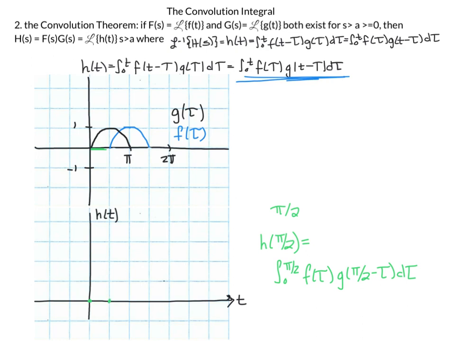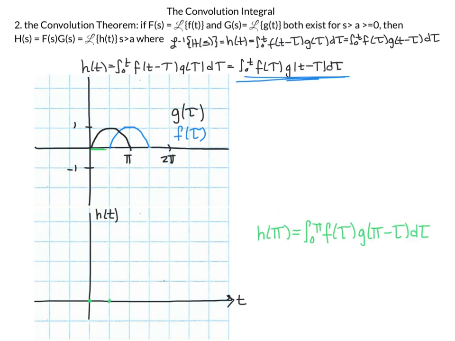So actually, pi over 2 is just fine. I'm still at 0. For my next point, I want to look at pi, so h of pi, integral 0 to pi, f of tau, g of pi minus tau. And the next thing I'm going to do is shift my function g over by pi. So you can see we have this maximum overlap.